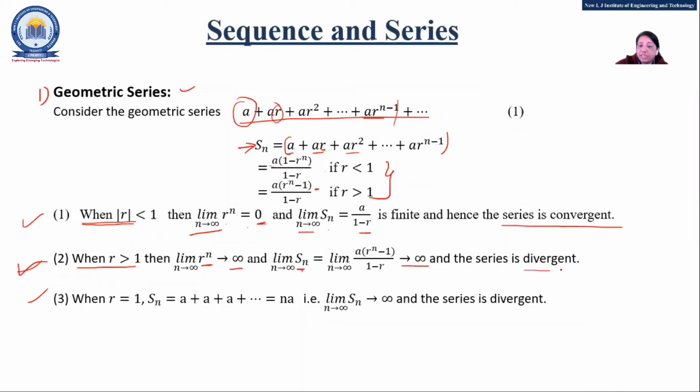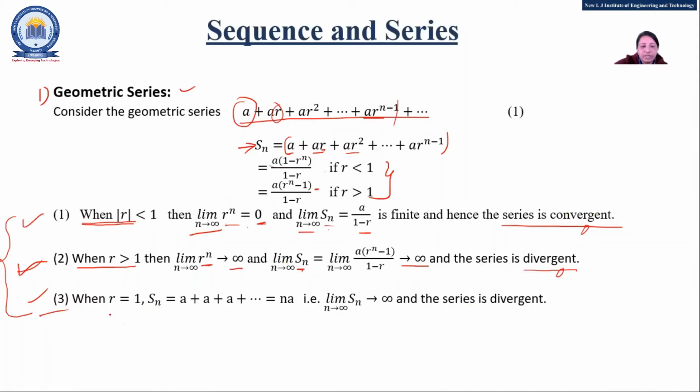And the series is divergent. You need to remember this point. So according to the value of R, you can directly say the limit of R raised to n and Sn, and according to that you can decide whether the series is convergent or divergent.